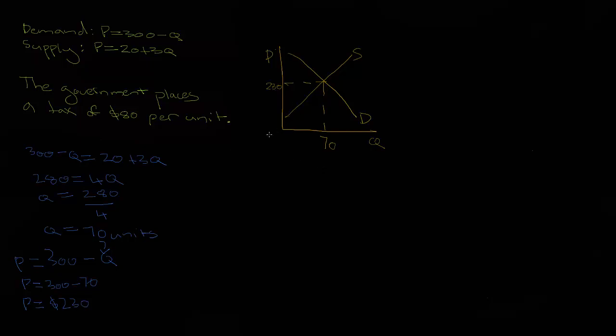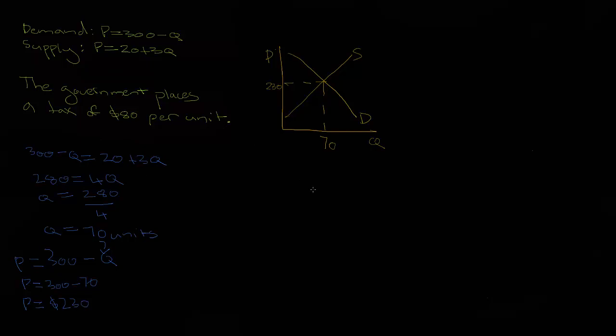This is the original scenario, but then we're told we get a tax of $80 per unit. So when we get a tax, it means that the supplier has to pay $80 off each unit sold back to the government. So that means the supplier is going to charge more because the supplier wants to make back its $80.